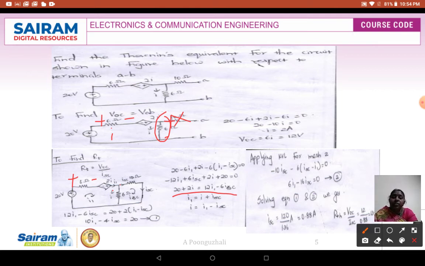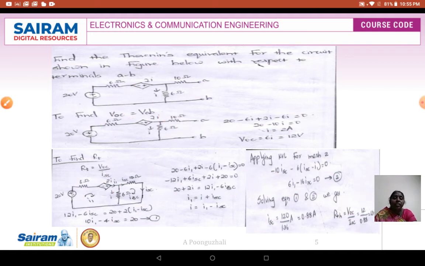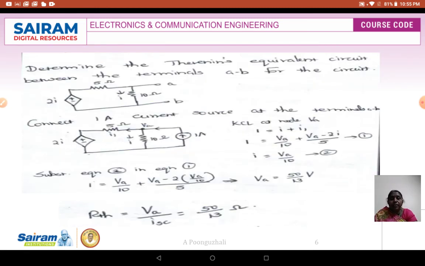Now for mesh analysis 2, that is your second loop, it is minus 10 ISC, then minus 6 into ISC minus I1. So this is the second equation. Solving equations 1 and 2, my ISC is going to be 0.88. So in that case, your RTH is VOC by ISC, that is 12 divided by 0.88, that is 13.4 ohms there. So this is going to be your next method then.